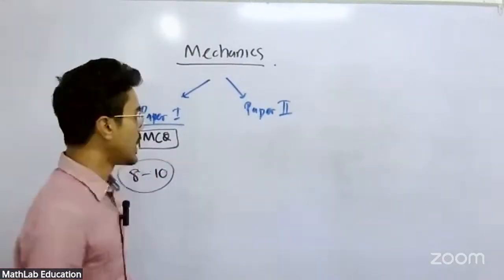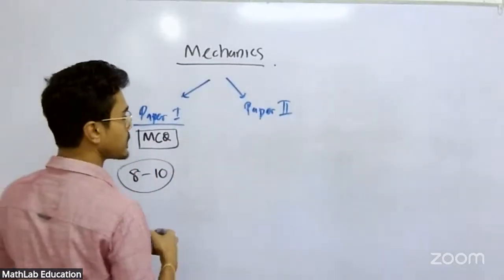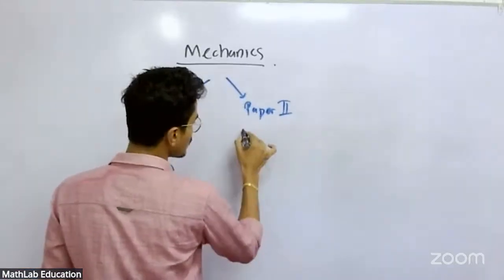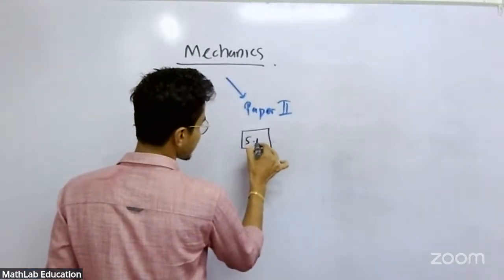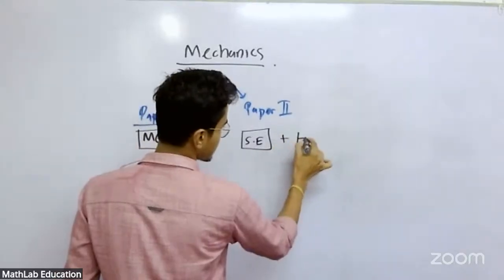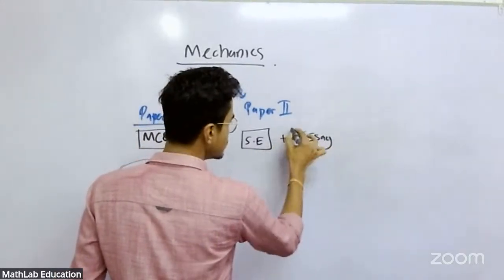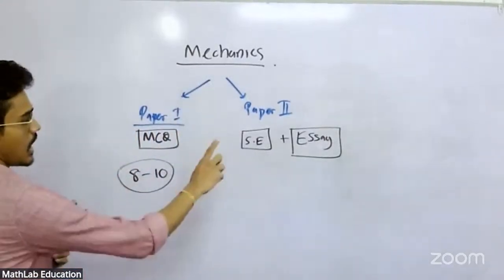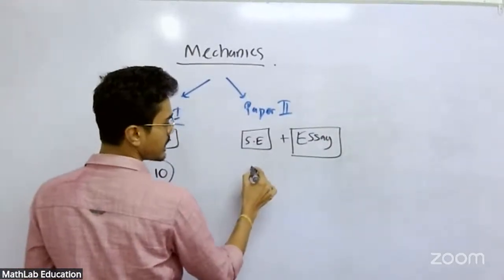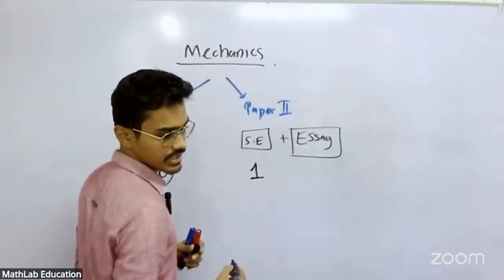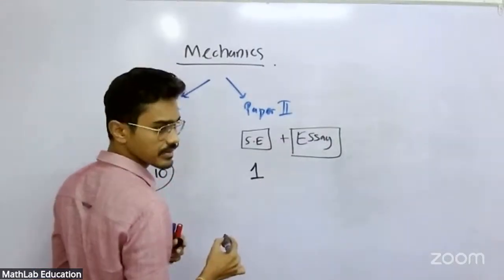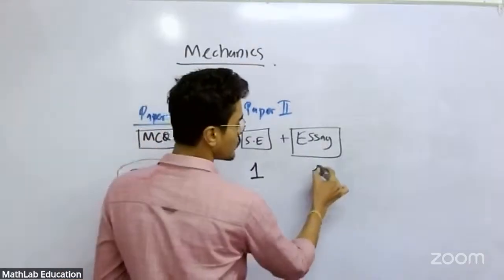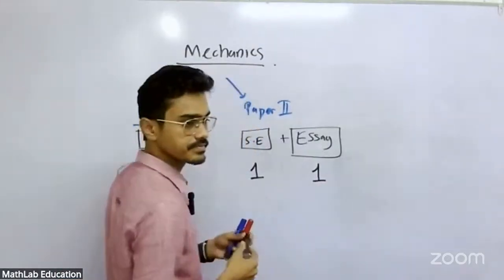And paper 2 consists of two main parts: structured essays and essays. From mechanics, a definite one structured essay is coming, and a definite one essay question is coming.